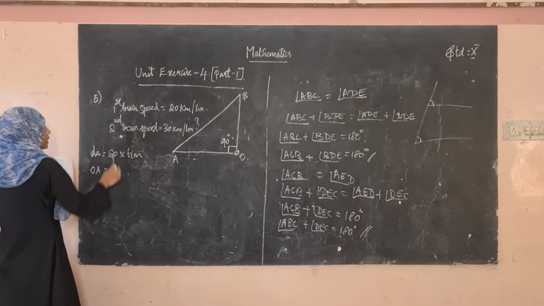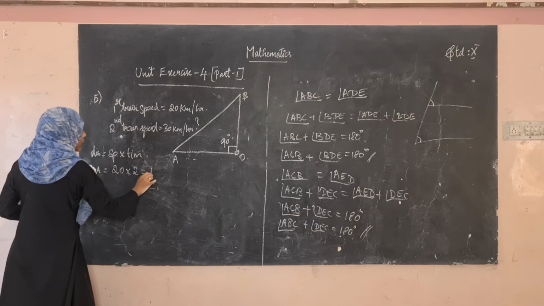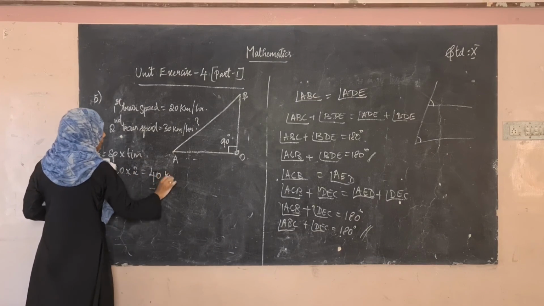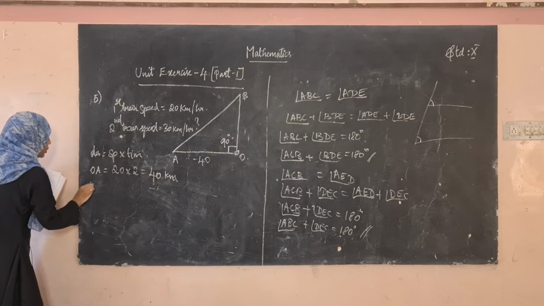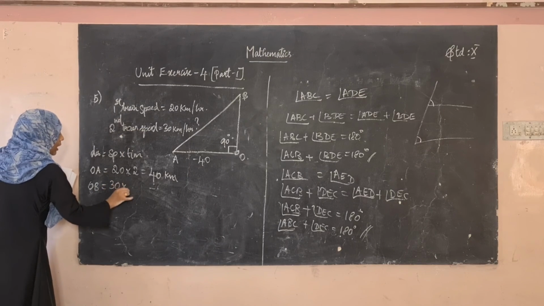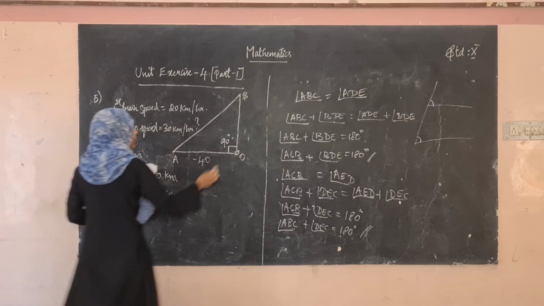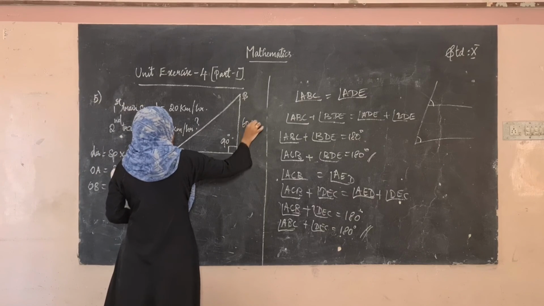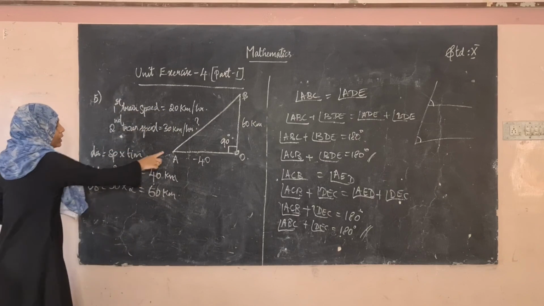The speed of the first train is 20 into 2, which is equal to 40 kilometers. And OB: its speed is 30, so 30 into 2 hours is equal to 60 kilometers. Now we have to find the value of AB.